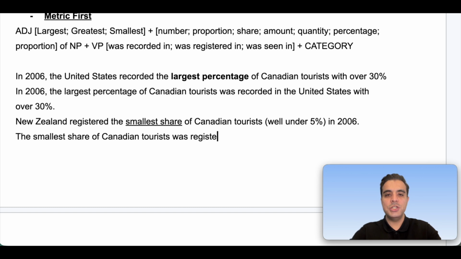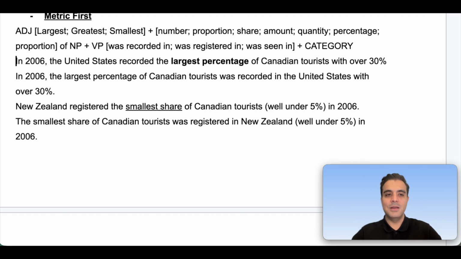Was registered. That's a good one. In New Zealand, once again, we can put the number inside parentheses and add the year to the very end of our sentence.